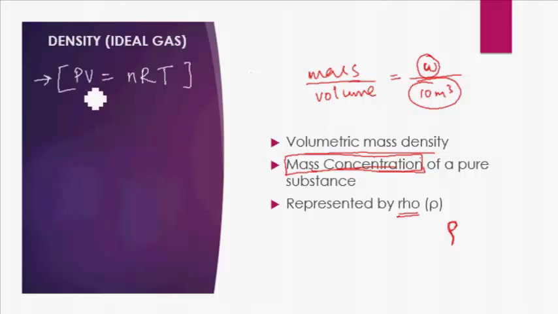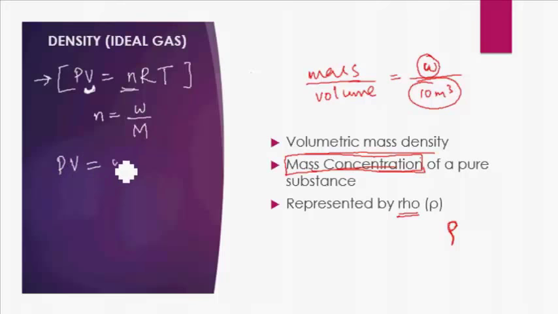I already have a term of volume over here. Now I need to get the term of mass. We can get it from number of moles. What is number of moles? It is given mass divided by molecular mass. Let's say given mass is represented by W, and the gram molar mass or molecular mass of the ideal gas in question is represented by capital M. Let's substitute these values and see where that gets us.